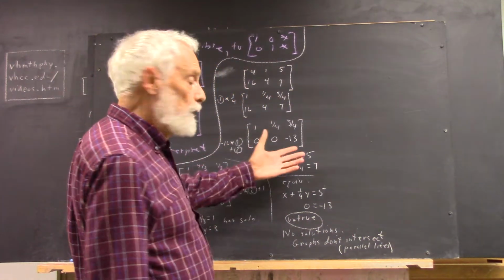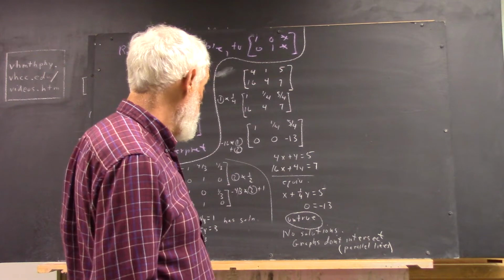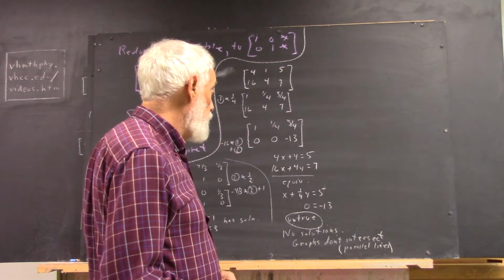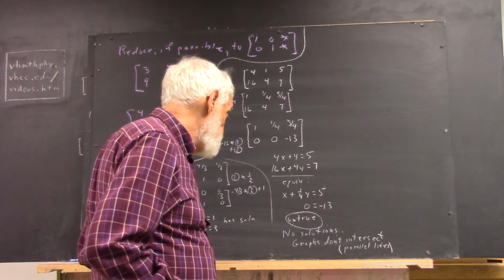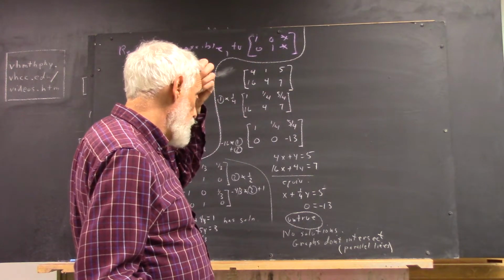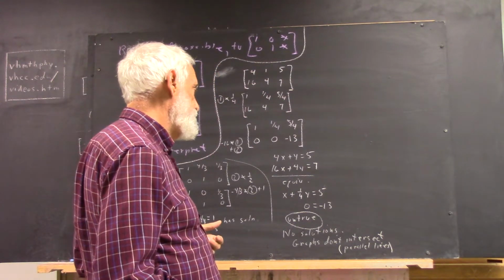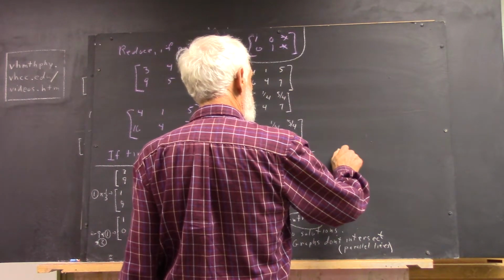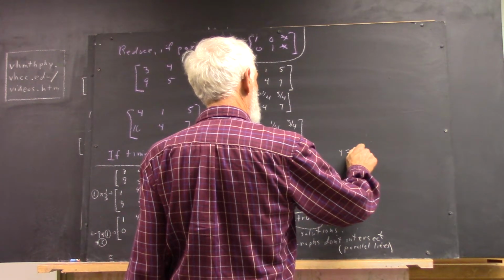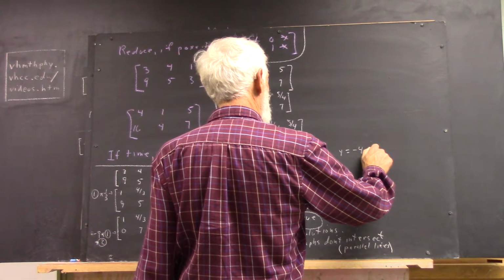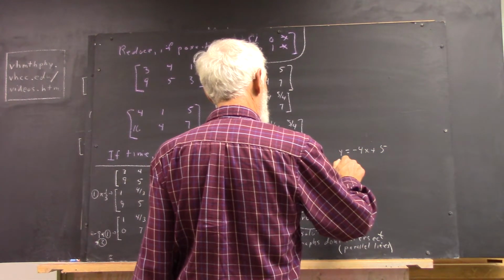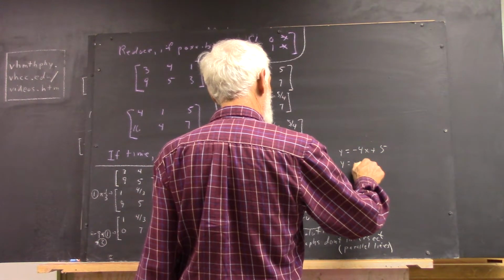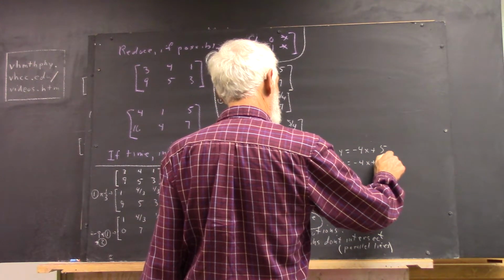Okay, now this is important because this can occur and this gives you a lot of information, and there's a lot you can do to follow this up. We can say here, this is the same as y equals negative 4x plus 5. This is the same as y equals negative 4x plus 7/4.